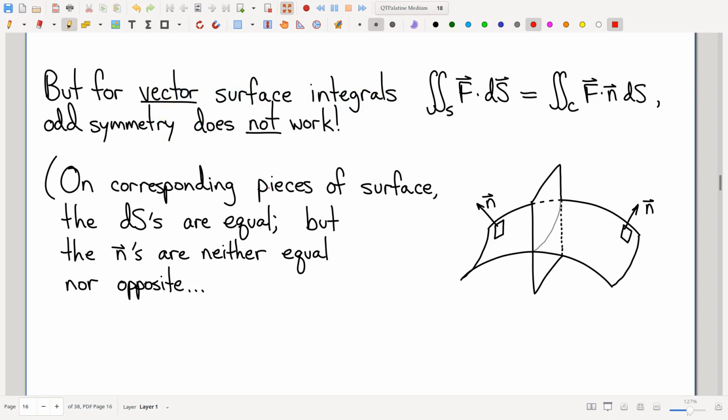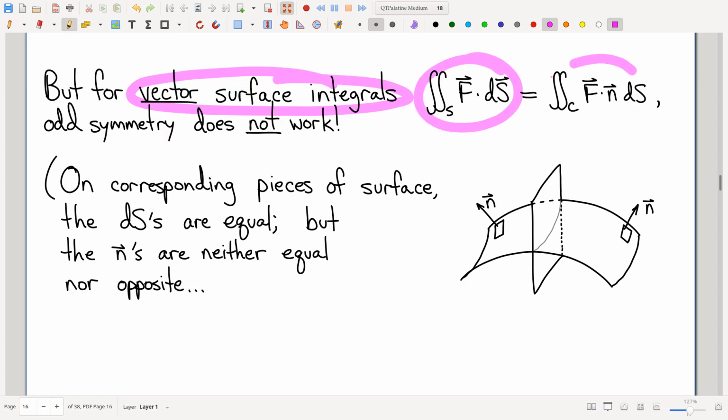If you look at your vector surface integral, and if you choose to write it like this, and if you then say, okay, what about that normal vector? How does that normal vector look on the picture, and does it behave in a way that's nice with respect to symmetries? Is this going to do what we want it to do? Well, no, it just doesn't. That normal vector is just not the same on both sides.